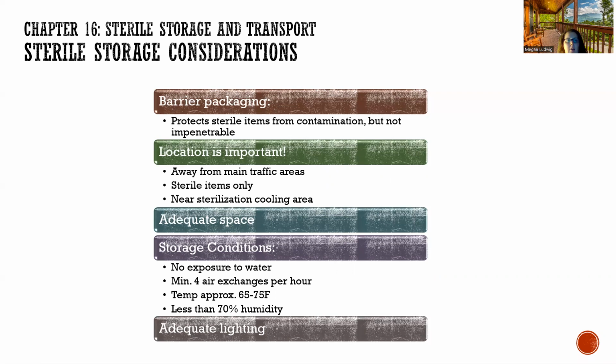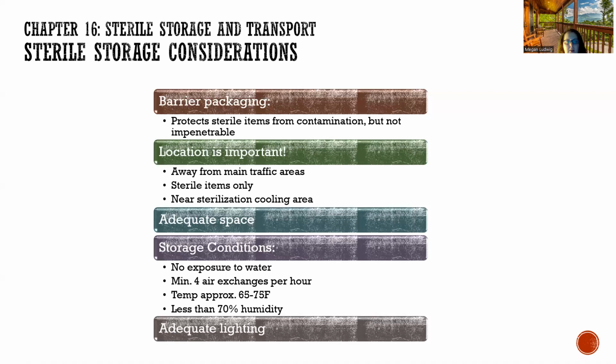You'll hear that a lot. The sterile items cannot be stored anywhere near non-sterile items. So it's a whole separate section, right? And usually you keep your sterile items near that sterilization cooling area as it came off maybe the steam sterilizer where it cools down. That way you don't have to transport it long distances. It's all right there, okay?